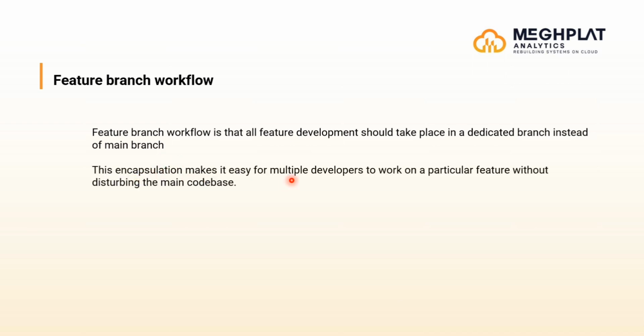This encapsulation makes it easy for multiple developers to work on a particular feature without disturbing the main code base. It also means the main branch will never contain broken code, which is a huge advantage for continuous integration environment.